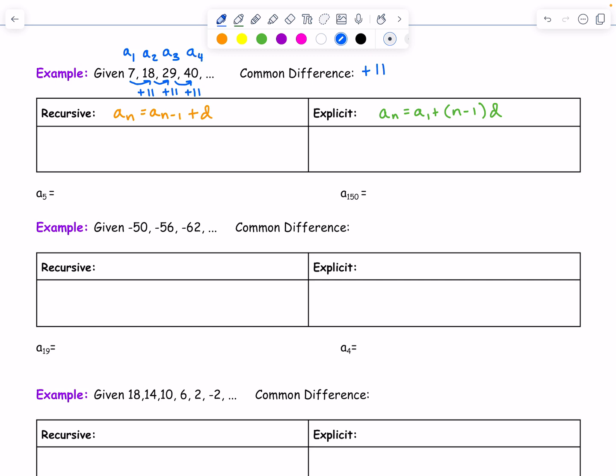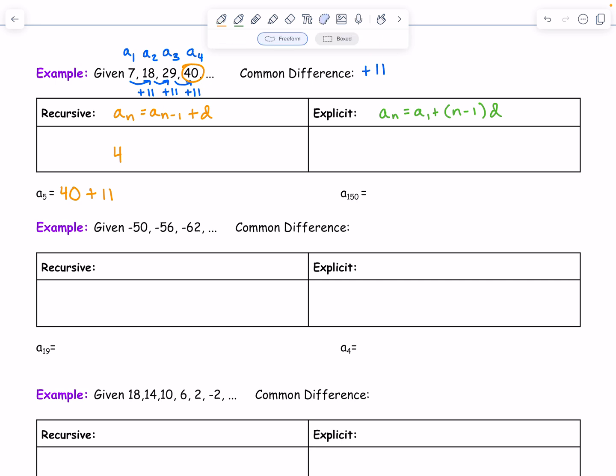So I do have the previous term to a sub 5, so I could just use that recursive formula to figure that out. So a sub 5 is equal to the previous term, which is a sub 4, which is equal to 40, plus the common difference, which we found was 11.